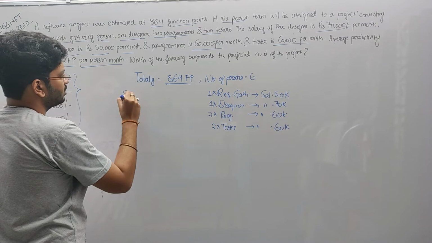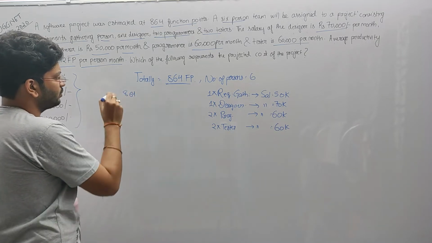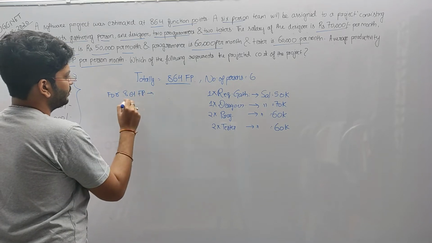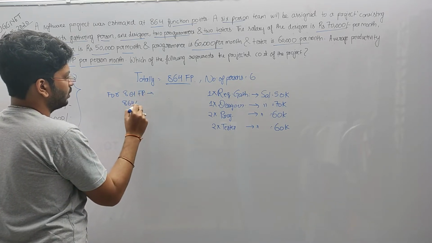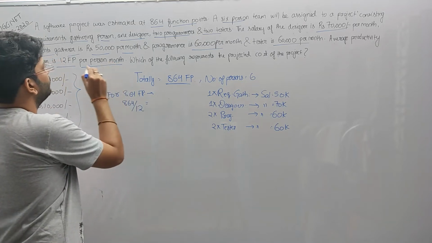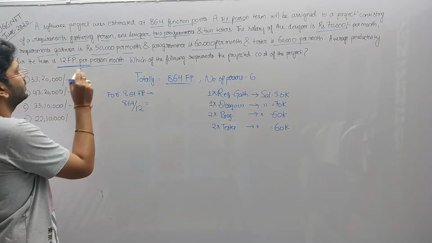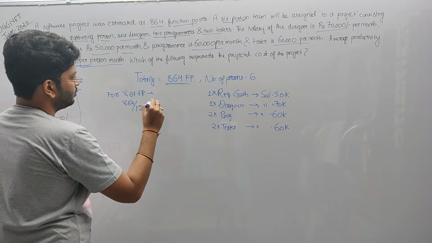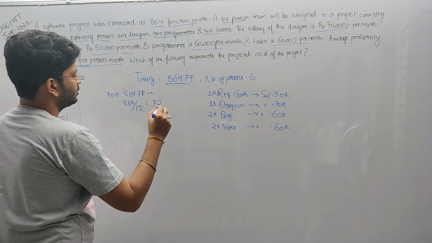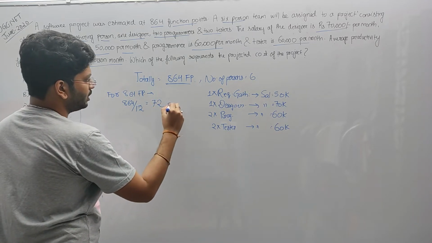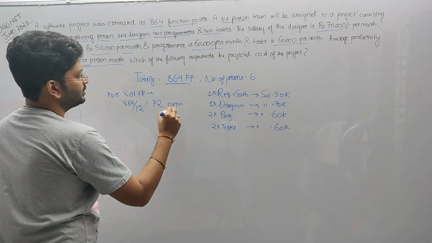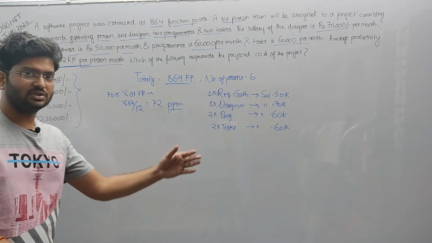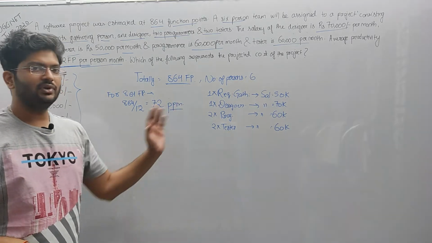So for 864 function points, if I divide 864 by 12, it is given the average productivity 12 function points per person month, I will be getting 72, that is 72 person months, ppm. It is by a single person.